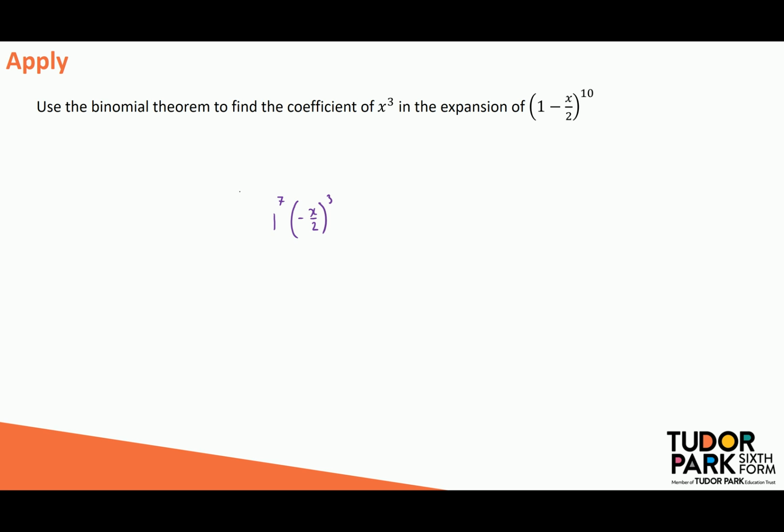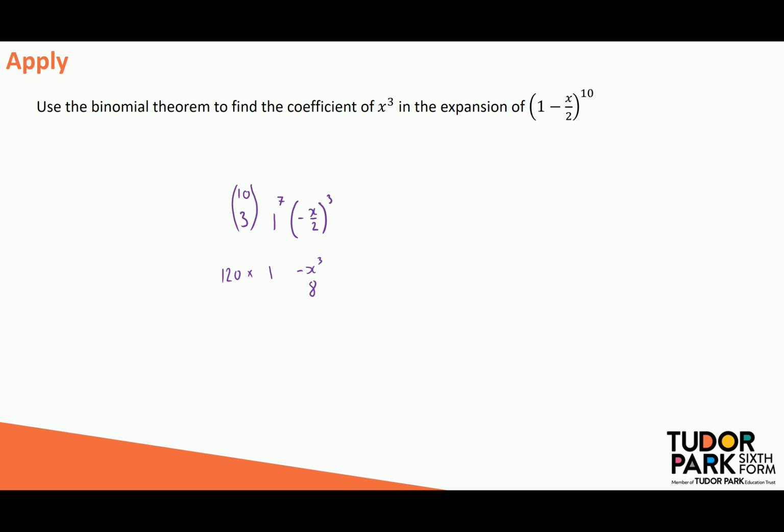And what do I need to put in front of it? My choosing coefficient, which is going to be 10 choose 3 in this case. Again, working that out piece by piece, 10 choose 3 is 120. 1 to the power of 7 is 1. And then in here, I'm going to have minus x cubed over 8.